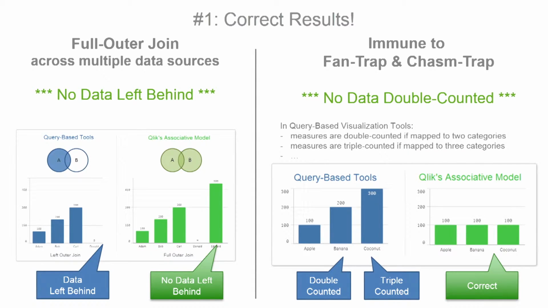The second problem with SQL query tools is that some of the data might be double counted. There are some technical terms for it, but it means that if you use that value or that dimension in 2 different places, the values might be double counted. So at the end of the day, both sides give you a wrong answer.